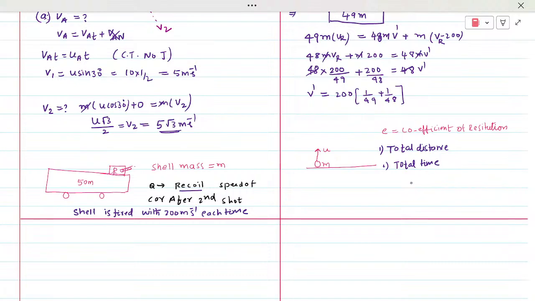Third one, average speed of the ball. V average means total distance by total time. And now the fourth one, impulse imparted to the ground.